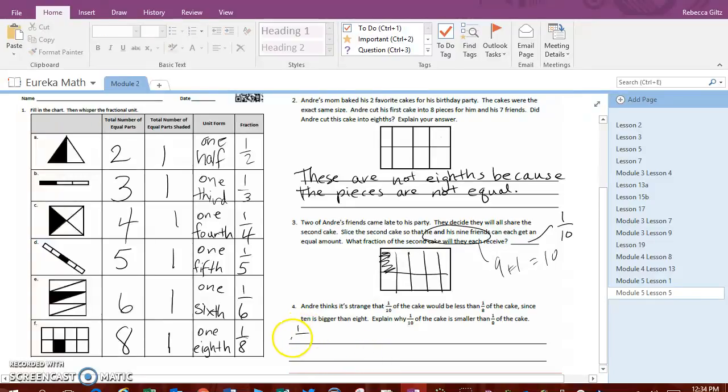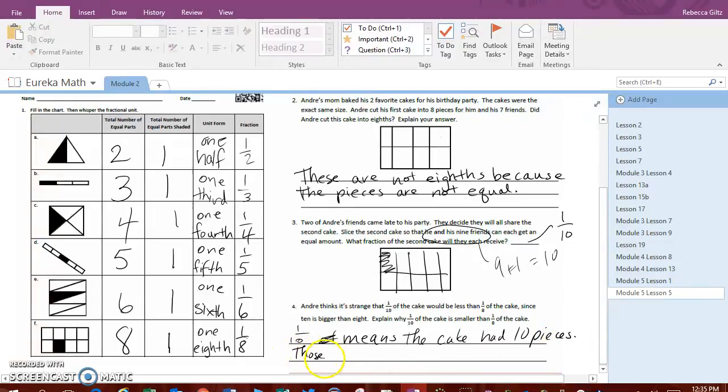So we're going to say 1/10 means the cake had 10 pieces.